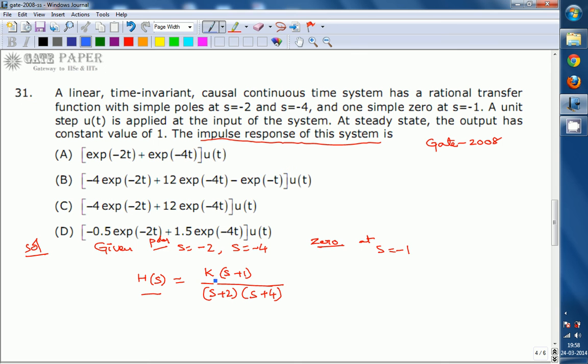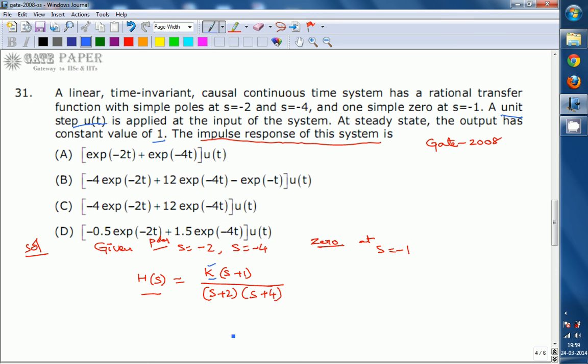To find this K value, we are given that by applying the unit step u of t at the input of the system, the steady state output has a constant value of 1. So using that we'll find the K value now.